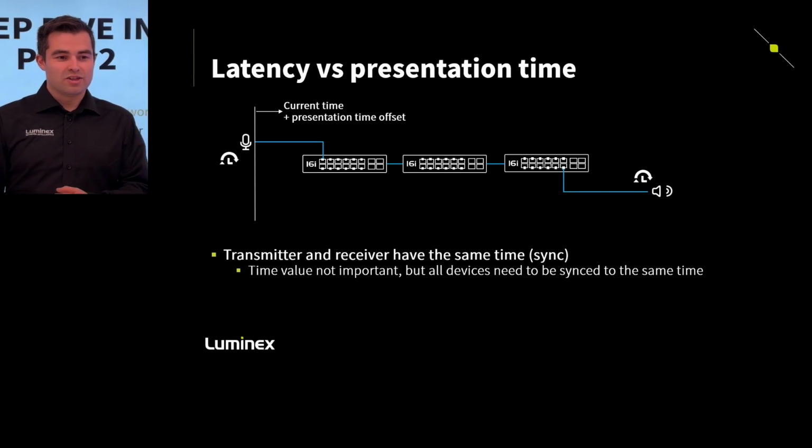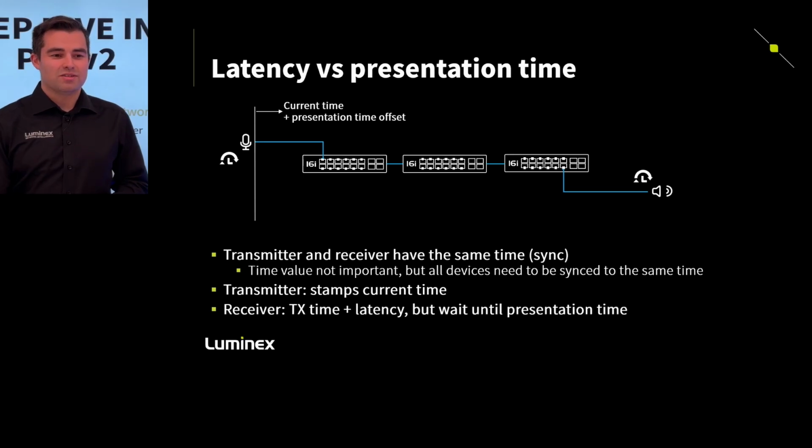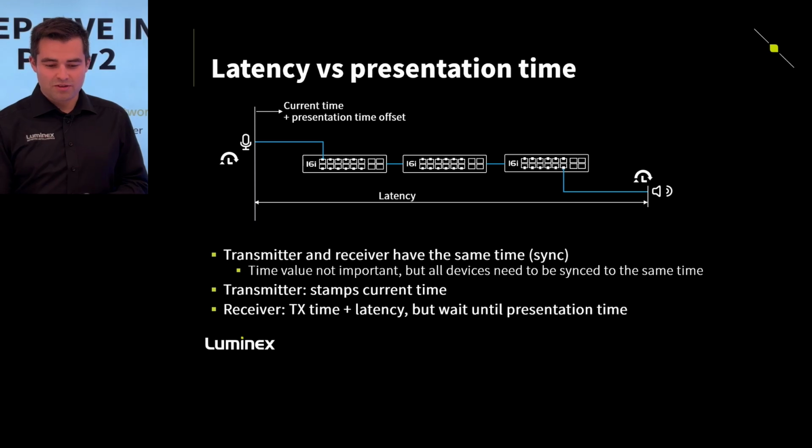Next, the transmitter will timestamp the packets as they go out of their network port, and somewhere there will be defined a presentation time offset from that current time. So the transmitter timestamps the current time and sends the packet. It arrives at the receiver, but with a certain latency.